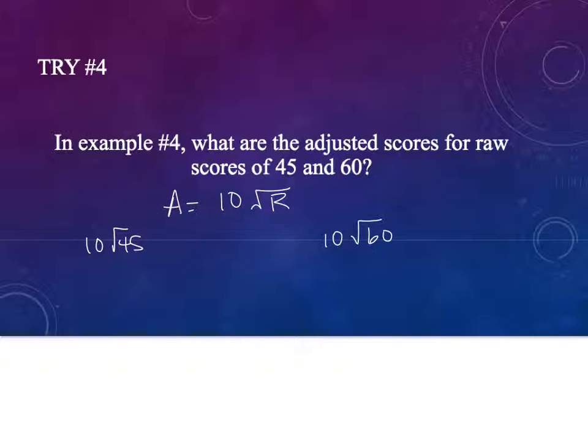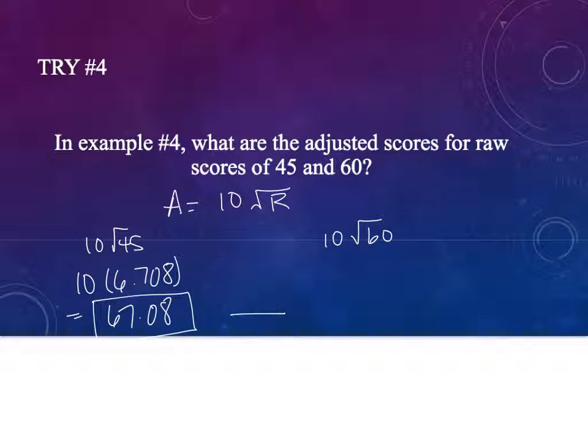So the square root of 45 is actually 6.708. So this would give us 67.08 as the lowest score now, up to the square root of 60, which is 7.746, which would give you 77.46.